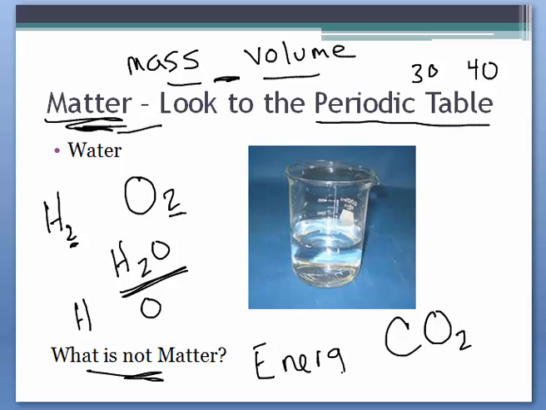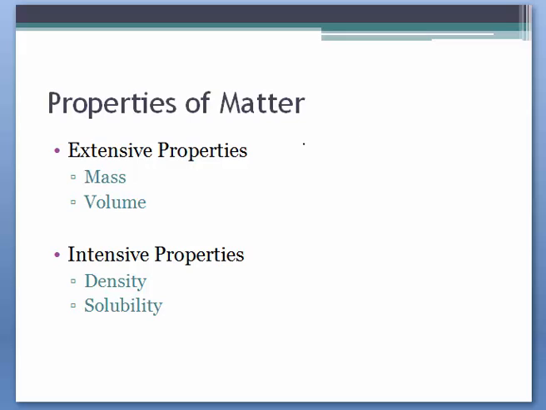So throughout the year, we're going to talk about the elements from the periodic table, in other words, matter, but then we're also going to talk about energy. So, when we talk about matter, there are two types of properties that we're going to use to describe matter. We have extensive properties and intensive properties.